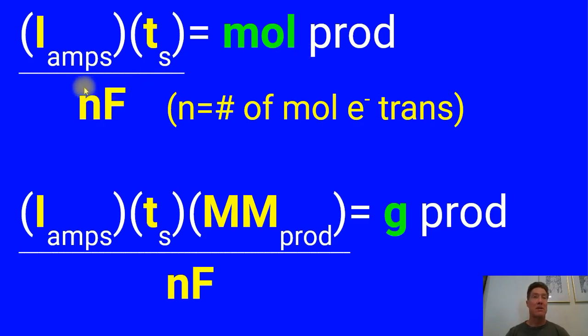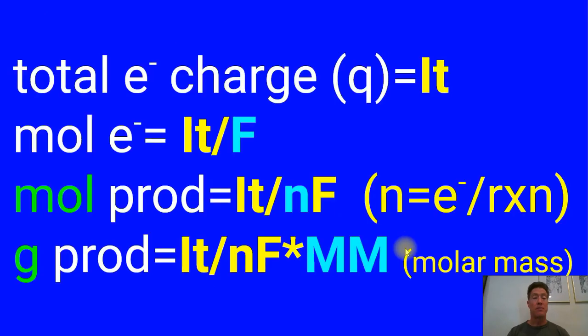But if we were doing something else that only required 1 mole, then we put that. So whatever number of moles is required in a half reaction, that's what we're going to put down here. And this formula will give us the moles of product that we produce in our electrolysis. And if we want to then convert that to grams of product, then we'll take this formula here and multiply it by the molar mass of our product to get the grams that is produced.